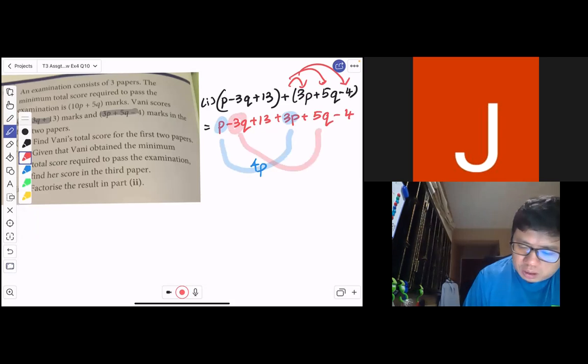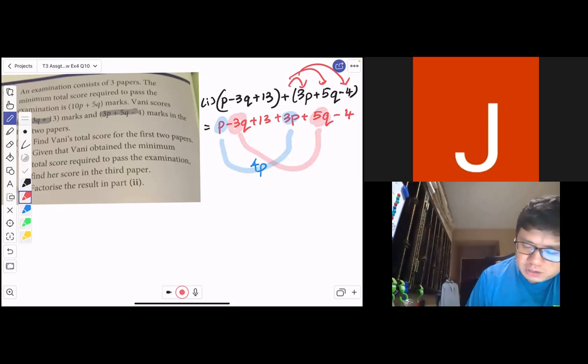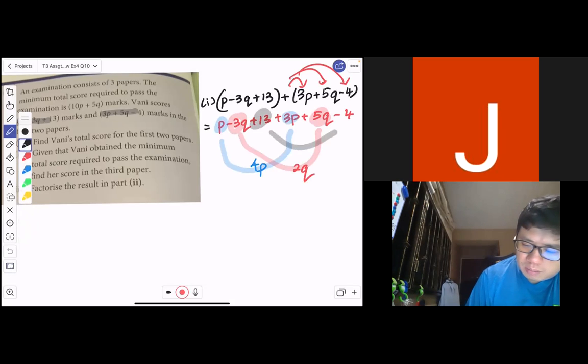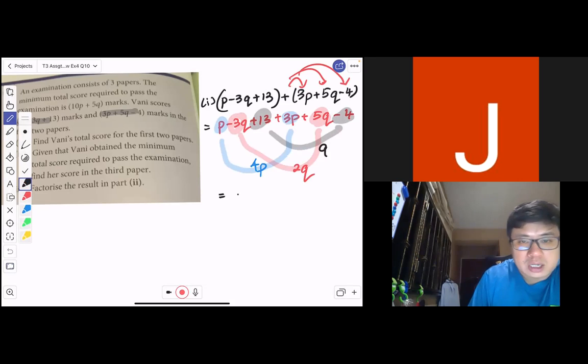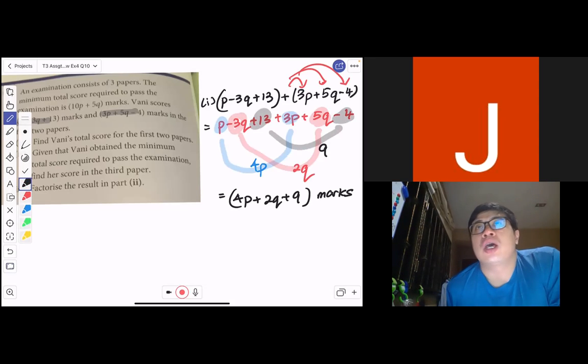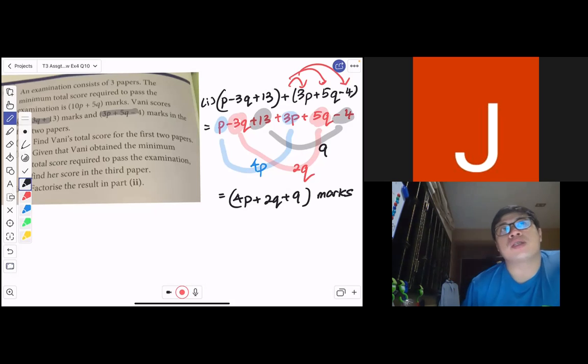Negative 3Q and 5Q, negative 3 plus 5, gives us 2Q. 13 minus 4 gives us 9. So our answer is 4P plus 2Q plus 9 marks. Remember to put the unit. If your question has a context, you should put the unit, otherwise you may be deducted for presentation.